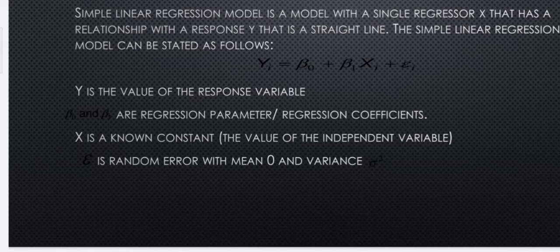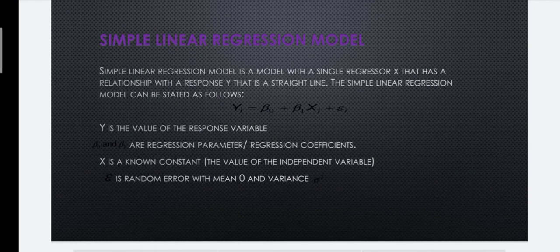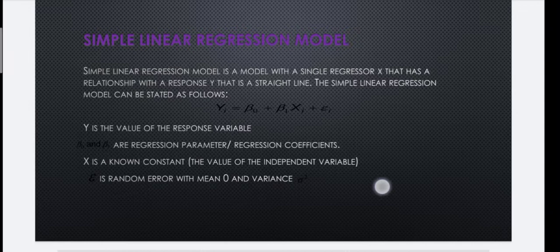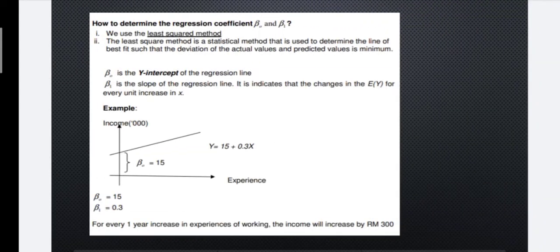Okay. Alright. So epsilon tadi tu adalah random error with mean 0 and variance sigma square. Okay, so ini adalah illustration of the regression equation yang saya cakap tadi. Ini adalah simple regression equation yang adalah straight line kan.